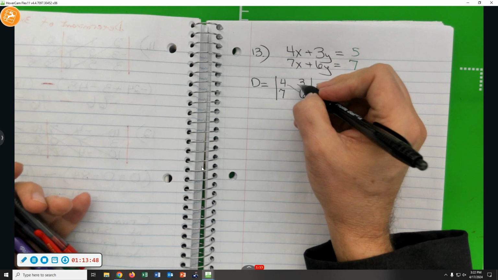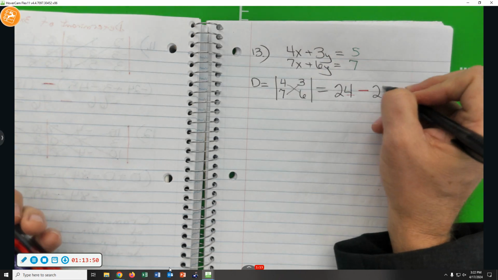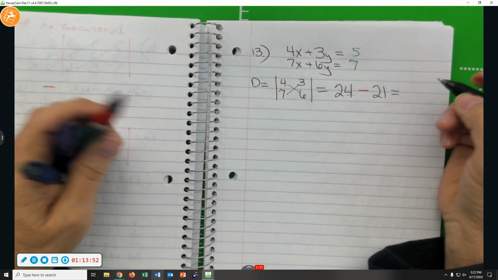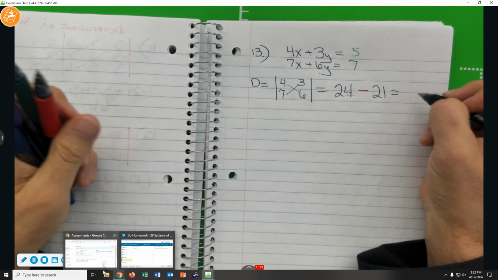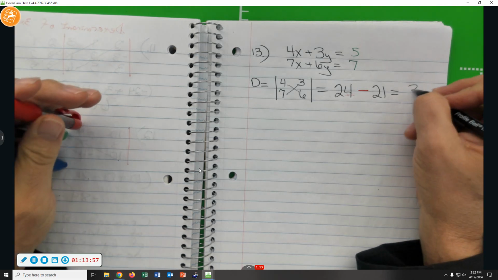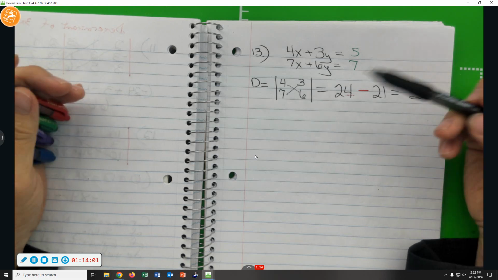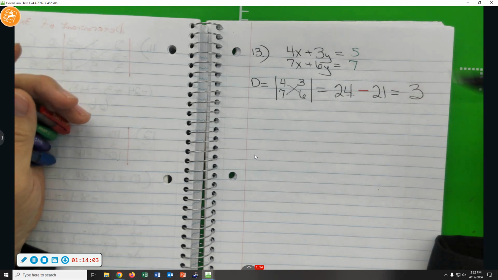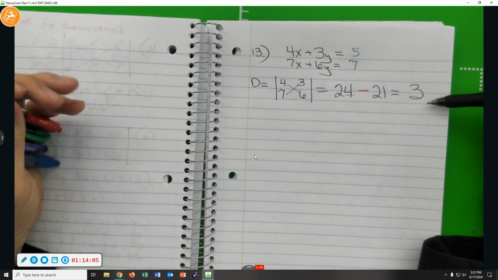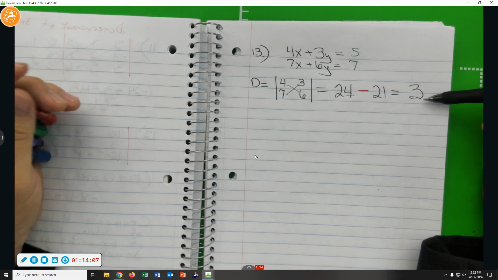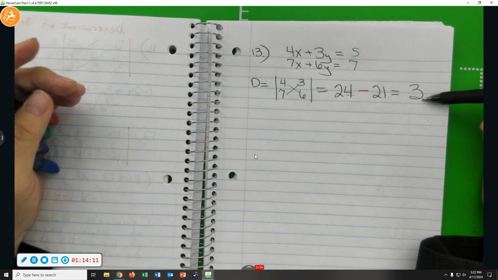Multiply. 3 times 7 is 21. 24 minus 21 gives me a D value of 3. So what Cramer said is, take just those coefficients, and this is instead of elimination or substitution, just do the little crisscross and find the determinant of the coefficient matrix.